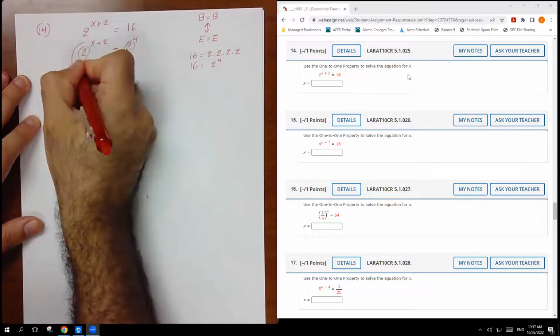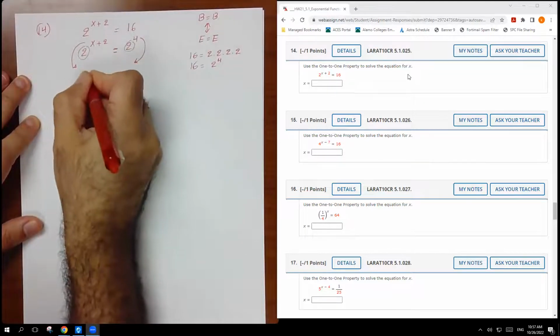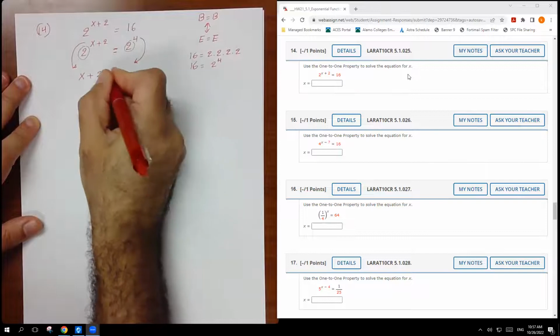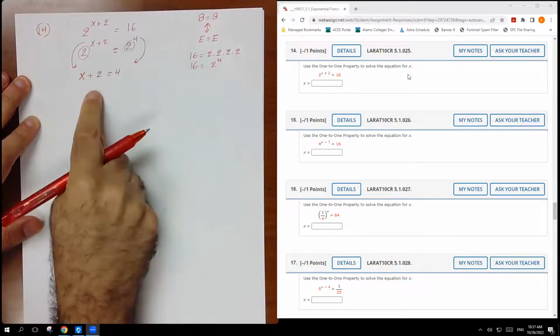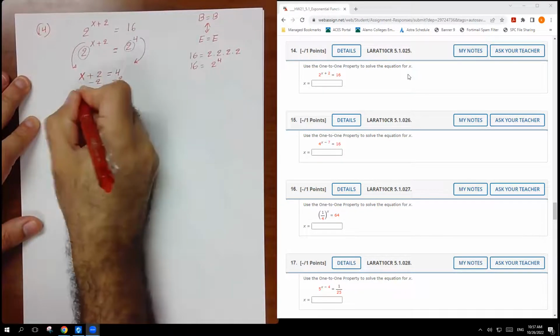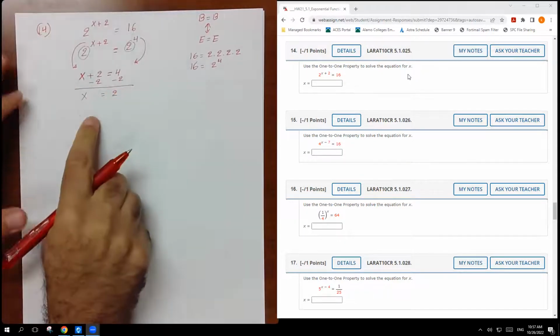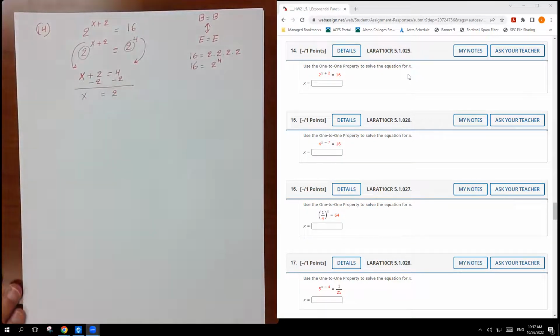So I'm just going to take down from here the exponents and from here the exponents. I'm going to say x plus 2 equal 4. Now this is a linear equation, easier to solve. Minus 2 from both sides. In this case, x is going to be equal to 2. So here's our solution. We solved the example by using the one-to-one property.